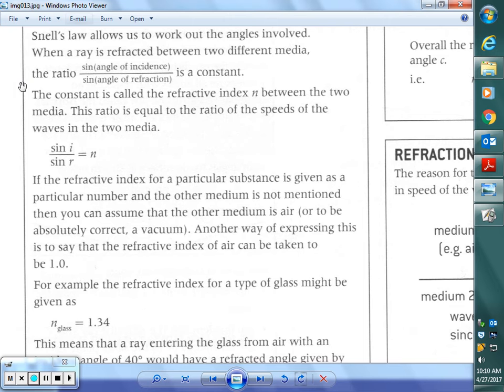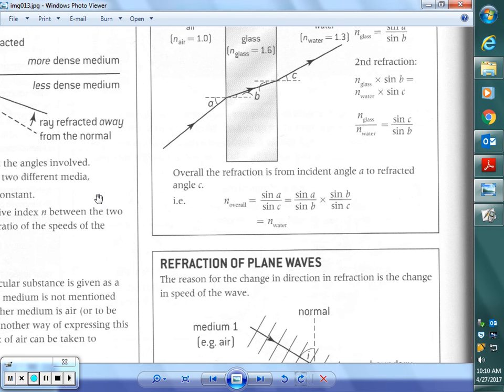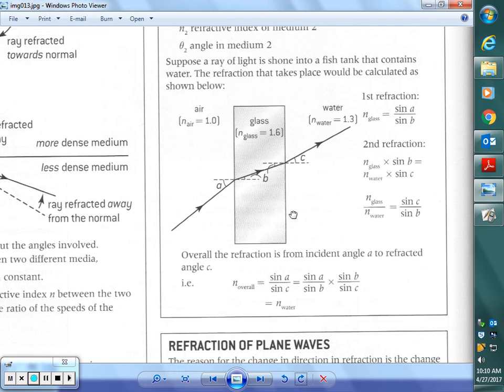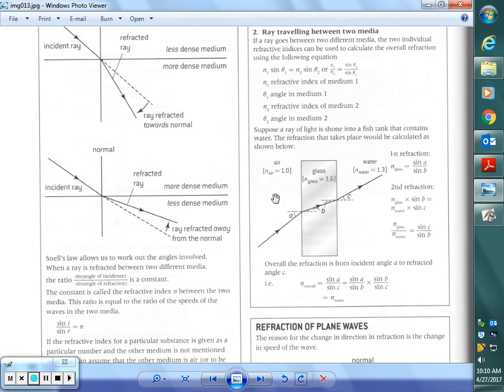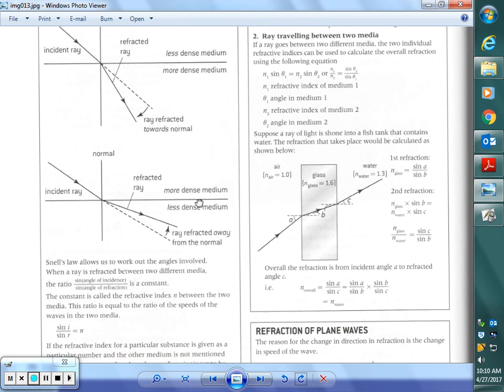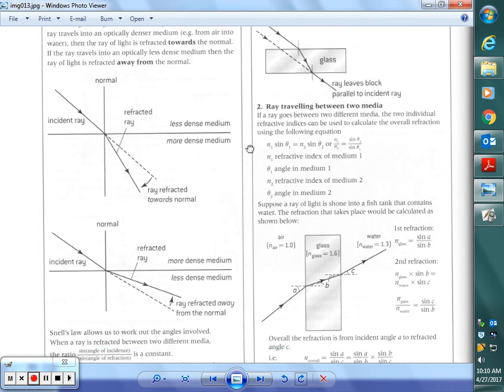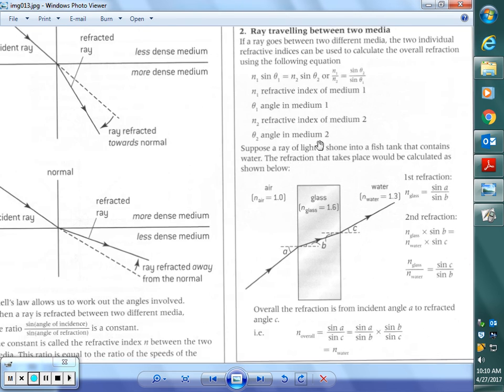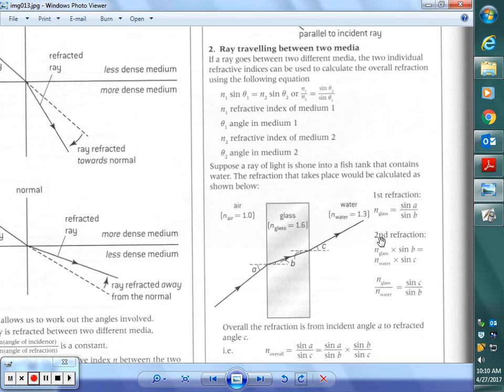So, where are we here? In this case, this is a pretty complex example, with this ray traveling between two media. This is the light coming in from outside.